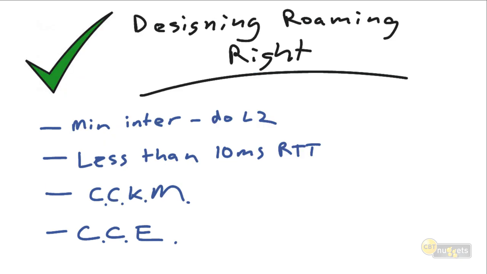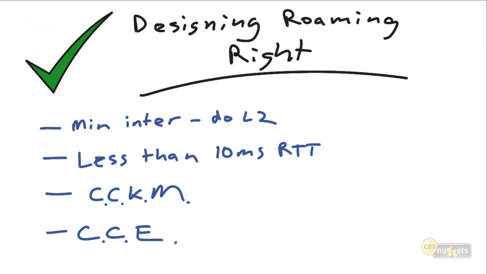Now, just like spanning tree protocol can be the biggest area of problems and headaches for administrators when they are designing the layer 2 infrastructure in an organization, roaming can certainly be one of the biggest areas of problems for our designers and our implementers in the wireless world.